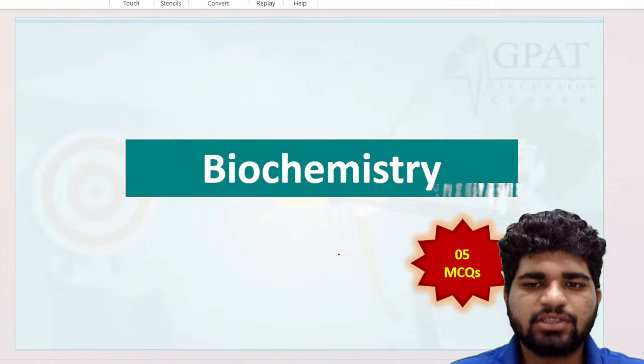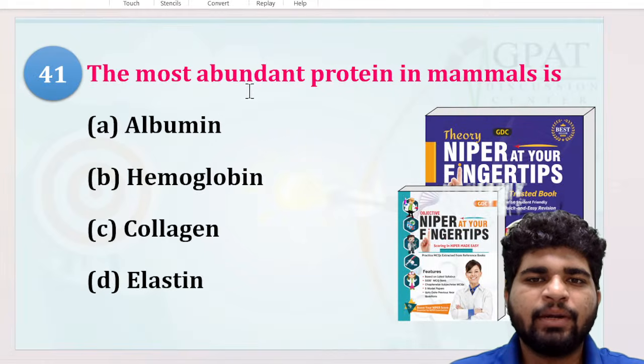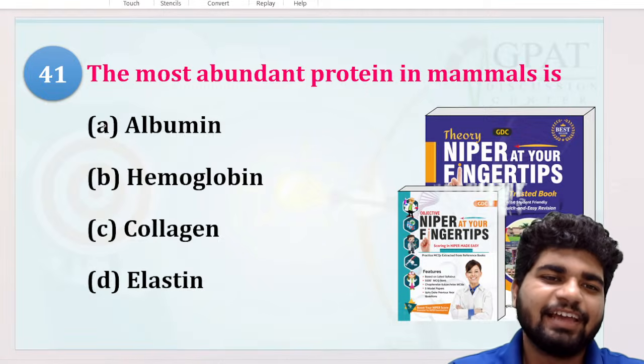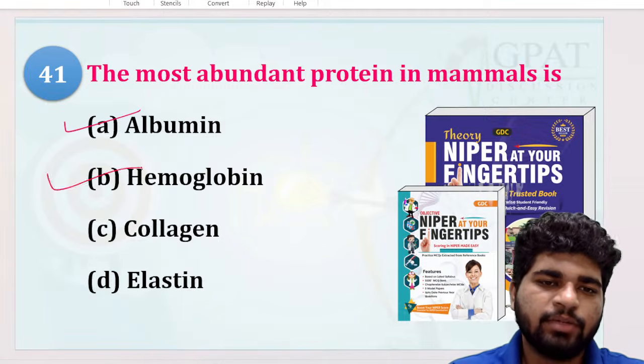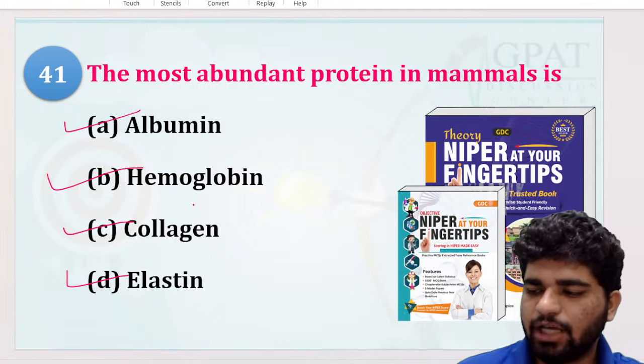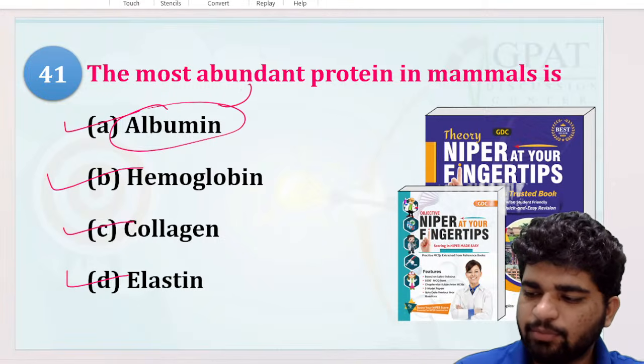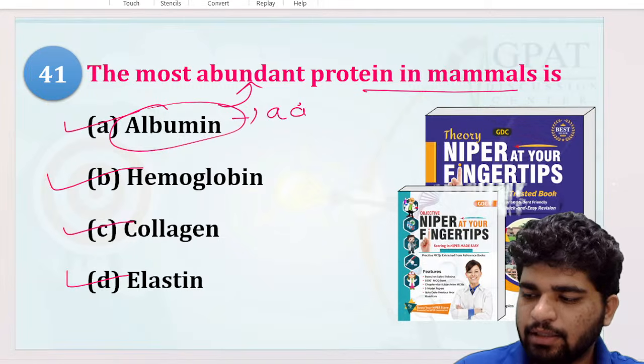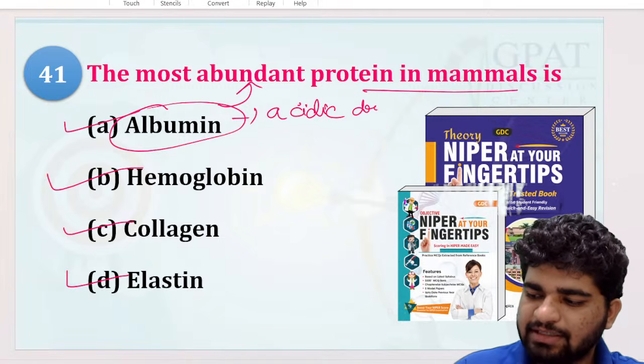Now, biochemistry, 5 MCQs. The most abundant protein in mammals: albumin, hemoglobin, collagen, or elastin? That is obviously your albumin only, right? Albumin is the most abundant protein in plasma, which binds acidic drugs.